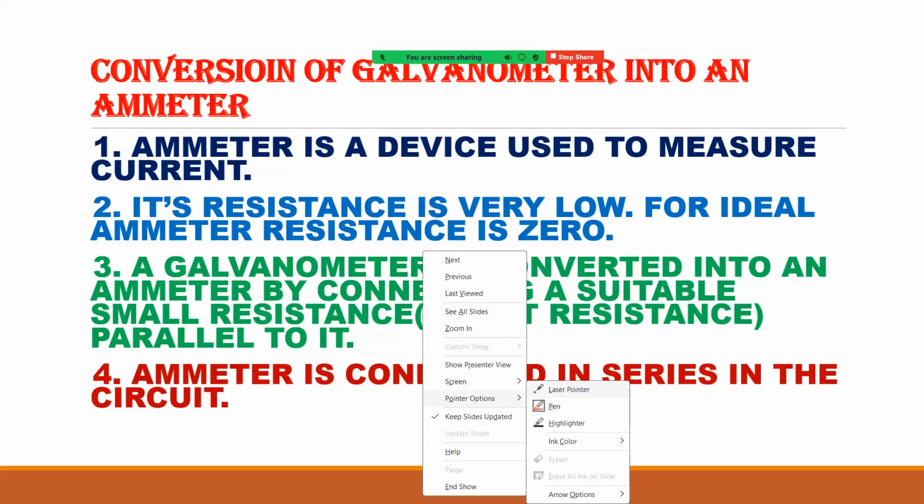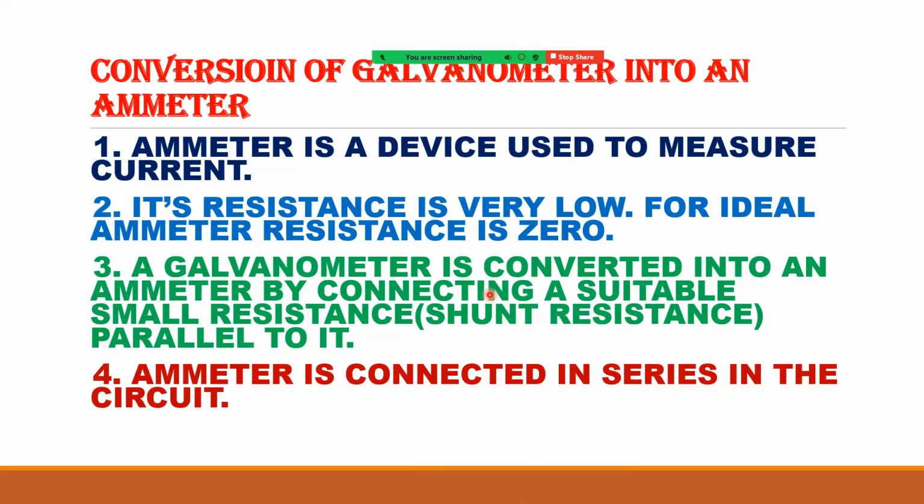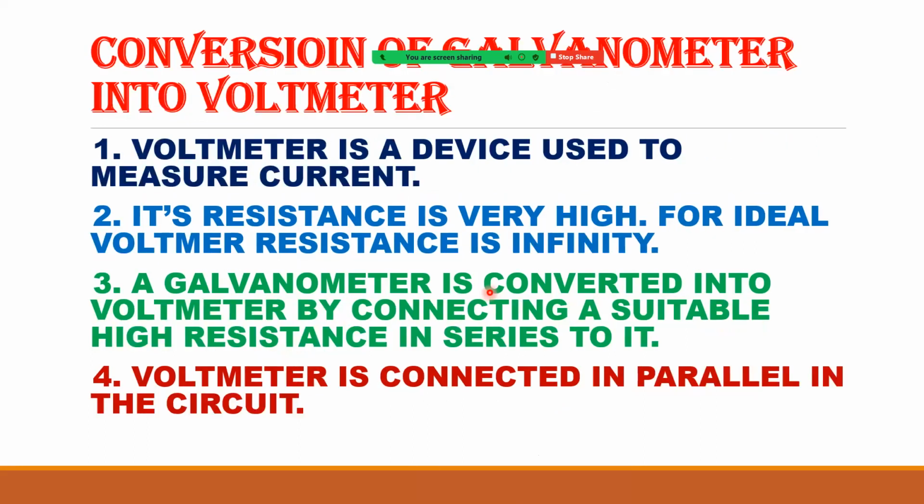Let us see the next one, conversion of a galvanometer into a voltmeter. It is a device used to measure potential difference, not current. Its resistance is very high. For an ideal voltmeter, resistance is infinity.